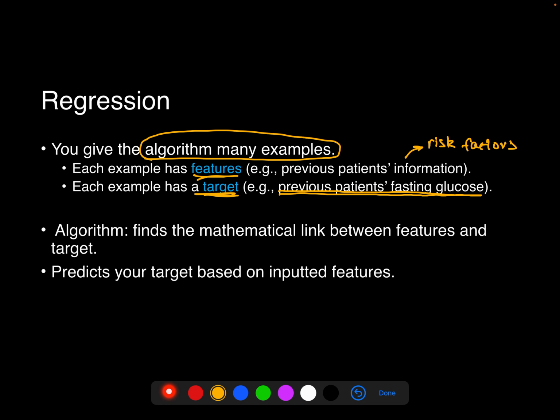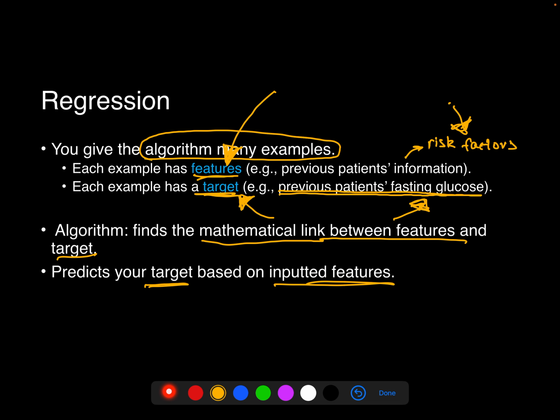So what we're trying to teach it is, given these features, what is the target? What is the blood glucose? So given the risk factors, what is the fasting glucose? What the algorithm does is find the mathematical link between features and the target, and predicts the target based on inputted features for new patients.